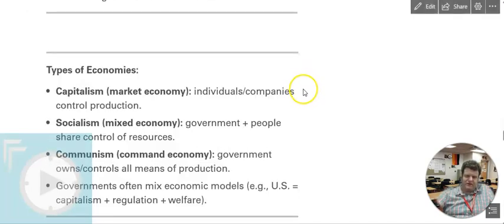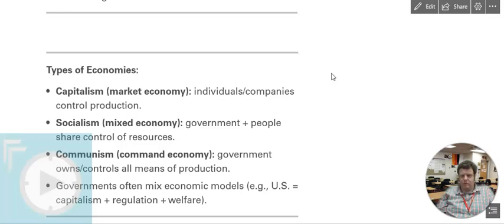Now, there's several major types of economies out there. There is the capitalist economy. You probably learned about this in U.S. history classes, probably U.S. history 2 if you're in our system. And that is where most of the things being produced are owned by private individuals or companies that are managed by private individuals.